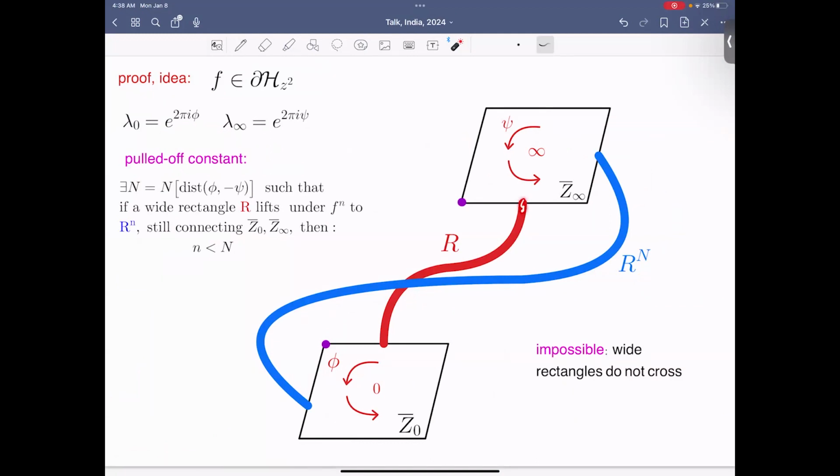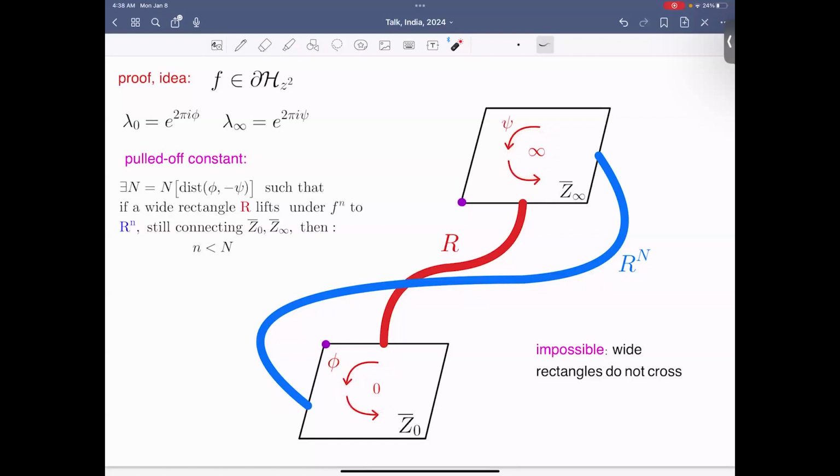So let's assume that the degeneration between these Siegel disks is represented by a white rectangle R. Remember that narrow in the picture means wide in reality, so in reality this should be very wide. And we are going to look at how such a rectangle lifts under the map F. The statement is that since the rotation numbers are different, we have a different speed around 0 and infinity.